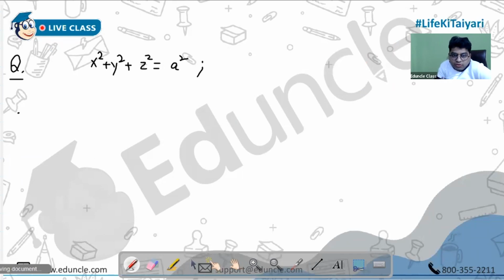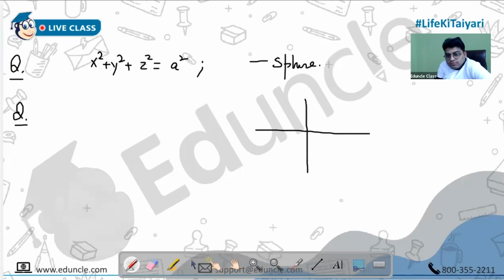So x square plus y square plus z square is equal to this. Do you know what is a paraboloid? What is a parabola? This is called a sphere, because some students have problems in curve tracing also. Like a parabola, if somebody says y square is equal to 4x, that is a parabola.